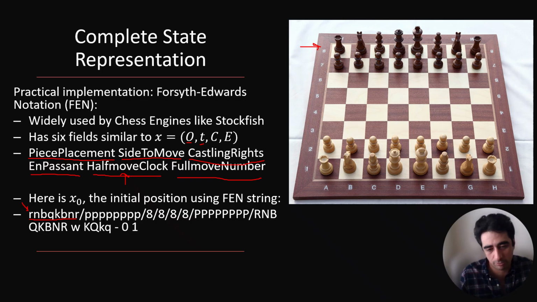If it was uppercase, that would be the white rook. And then n means knight. Although knight is written as K-N-I-G-H-T, we don't use K to represent knight because K would be used for king, so knight is represented by lowercase n for a black piece, and for a white piece it would be capital letter N. And then you have bishop b, q queen, k king, b bishop, n knight, r rook.